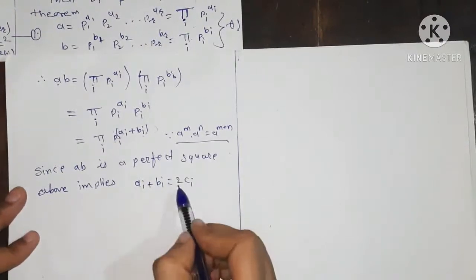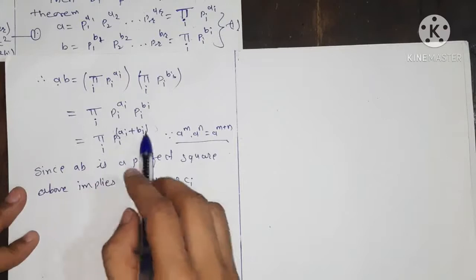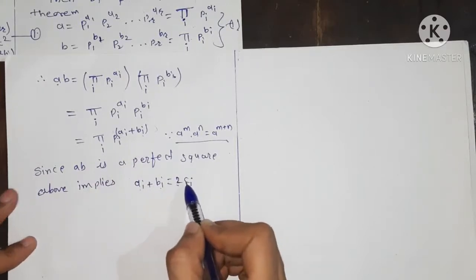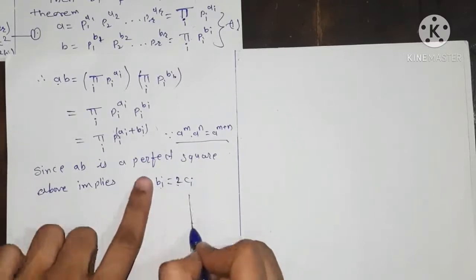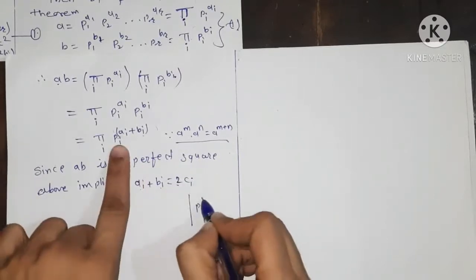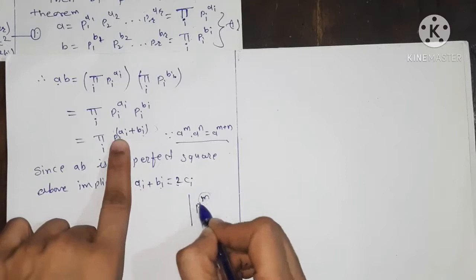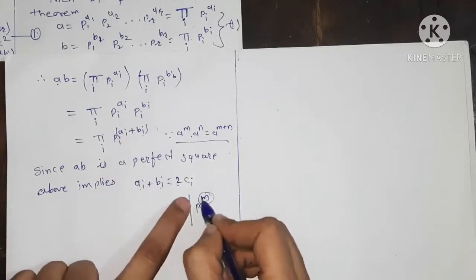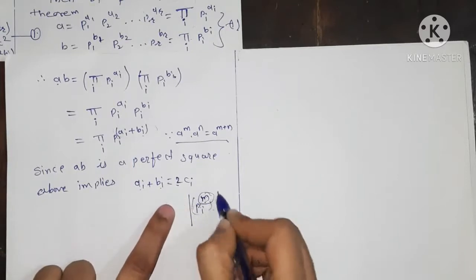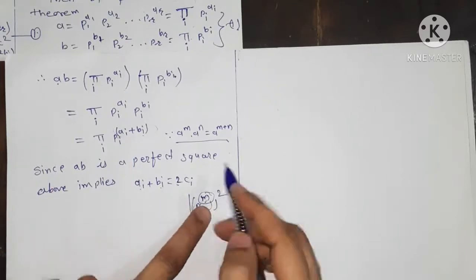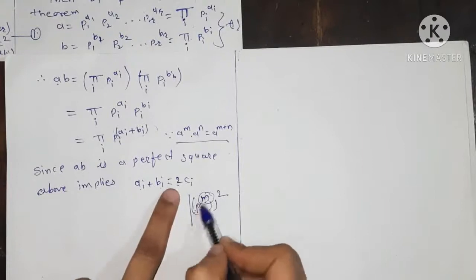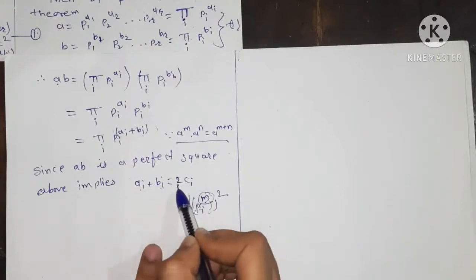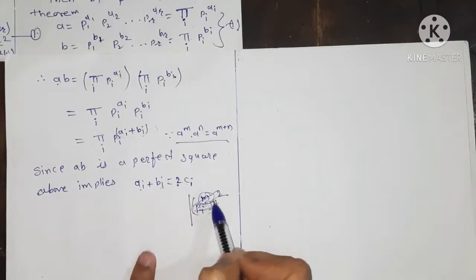Why 2 here? Because it is a perfect square. If it is a perfect square, then ai plus bi will be something to the power 2, that is pi to the power of a square number m. As m is a square number, we require 2 into ci, that is ai plus bi is written as 2 into ci, right?